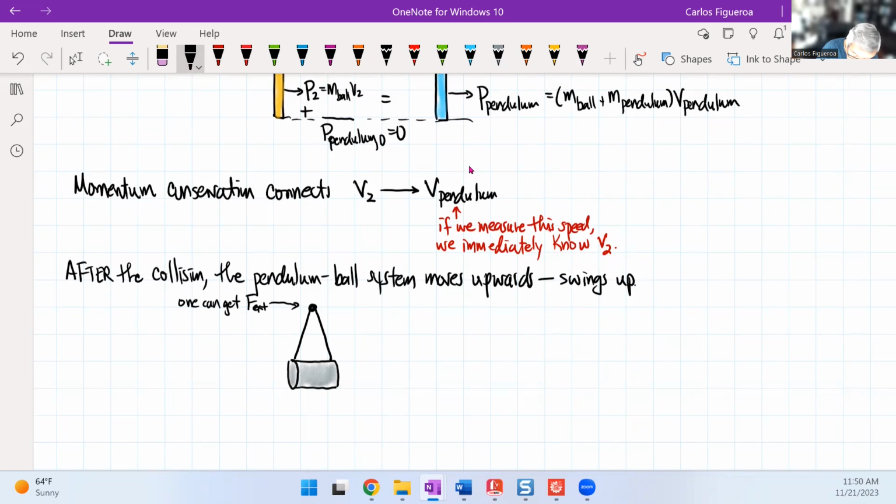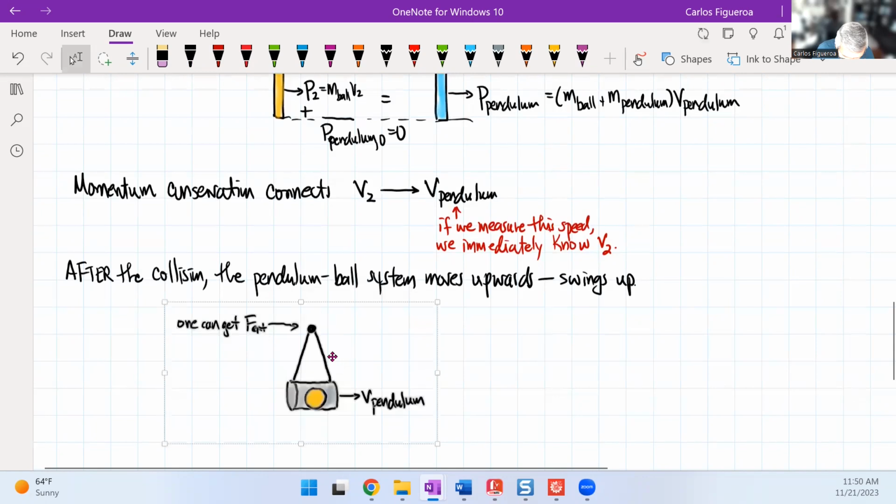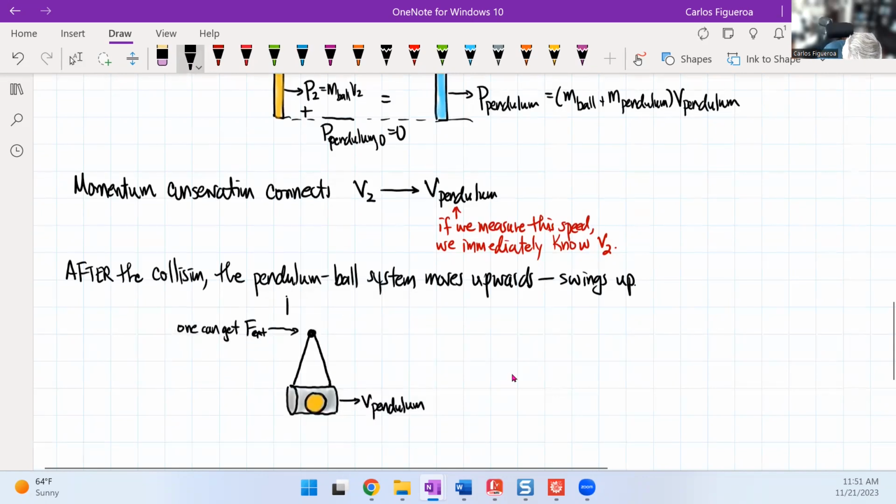We've already done with momentum. So now what we're focused on is using this information that now moves at V pendulum. And again, I should have done this a little bit more clear, and I need to move this down a little bit. And this is what happens before.